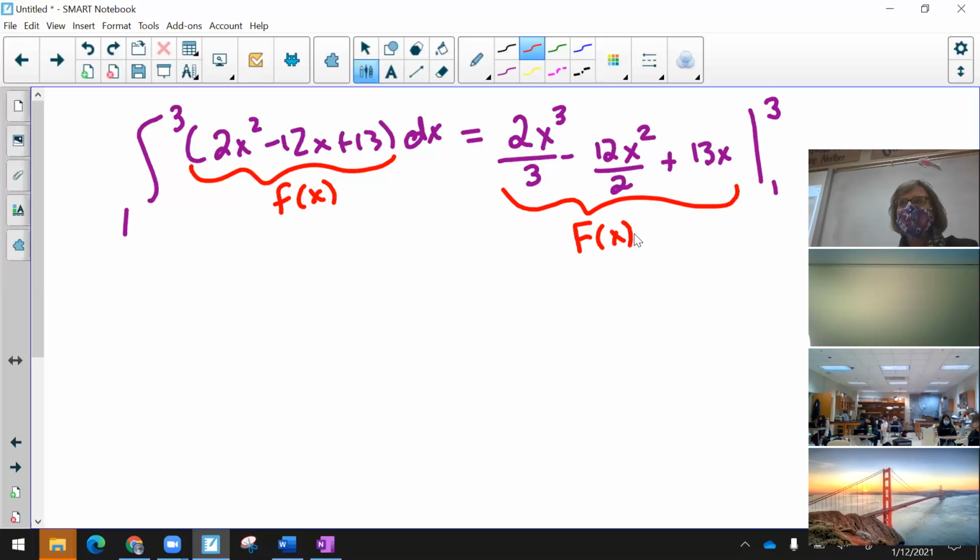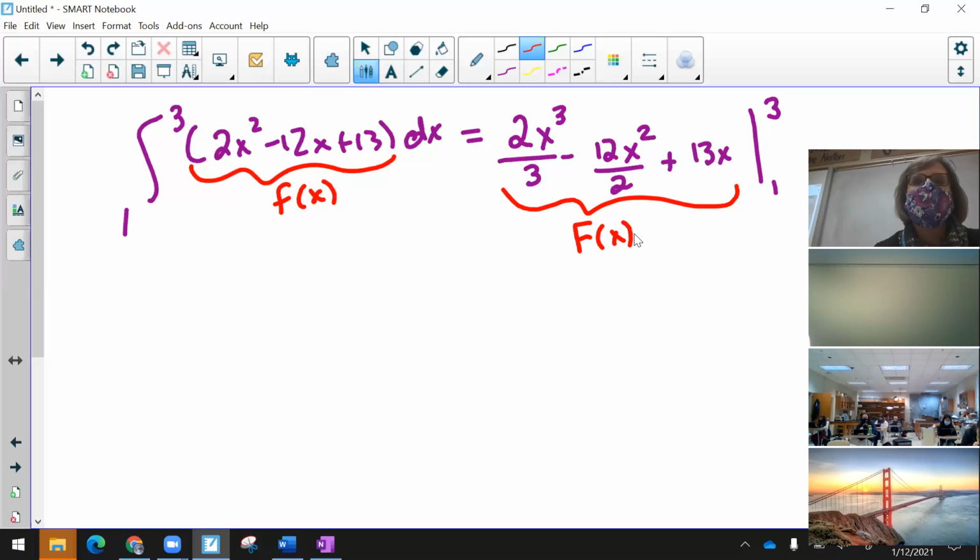Nobody's ever going to say, given little f of x, find big F of x. That's not the way we do it. We say, use the fundamental theorem of calculus part 2 to evaluate this integral. You're not even going to think about it. You're just going to take the antiderivative and then evaluate.